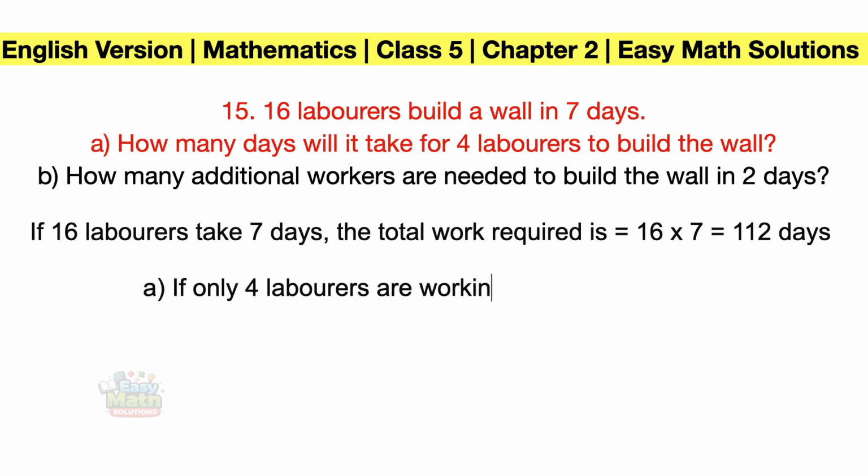For A, if only 4 laborers are working, that means 112 divided by 4 equal to 28 days. 4 laborers can do the work in 28 days.